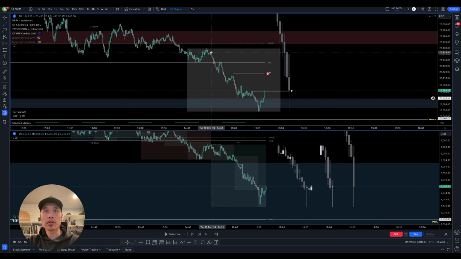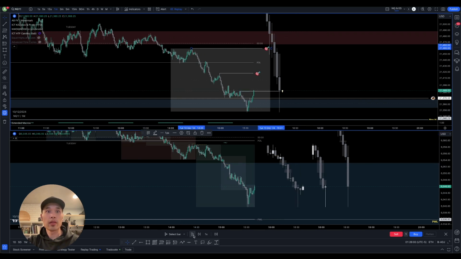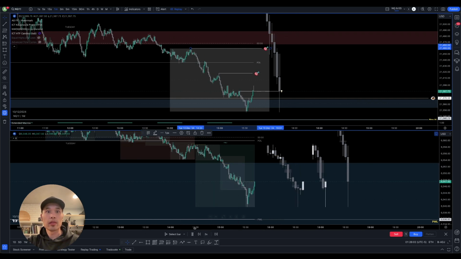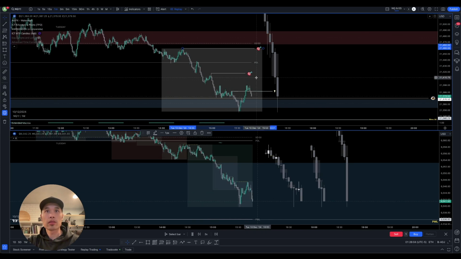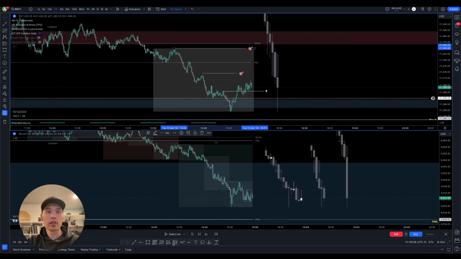I didn't take this, so I was done by the time, but I would try to leave a runner to hit this candle range high, right? That would be my next one. So let's play it out and see how it goes. We get tapped in right there.